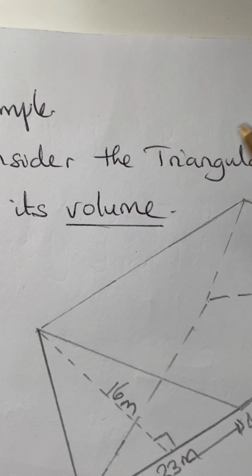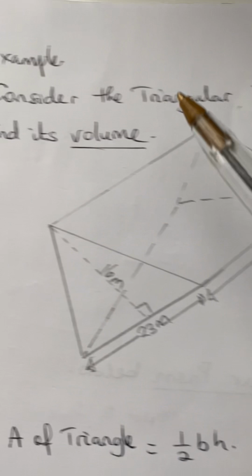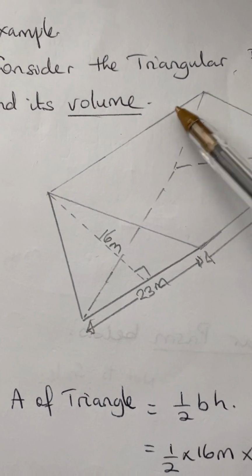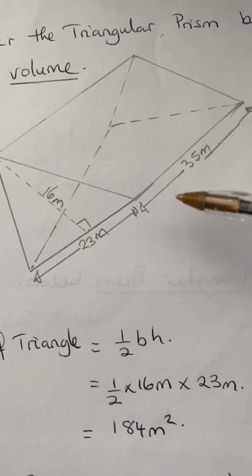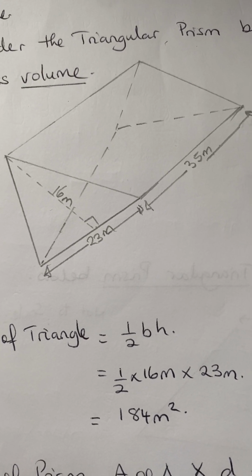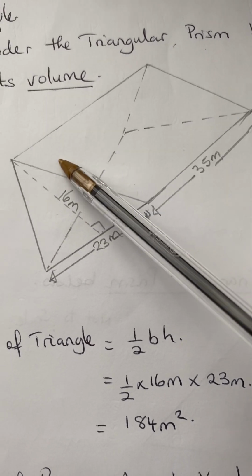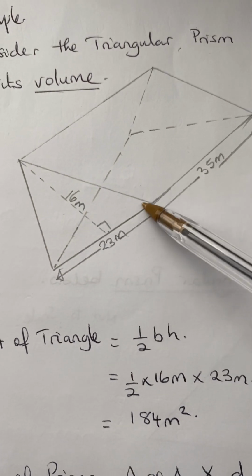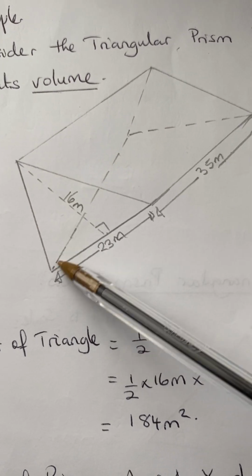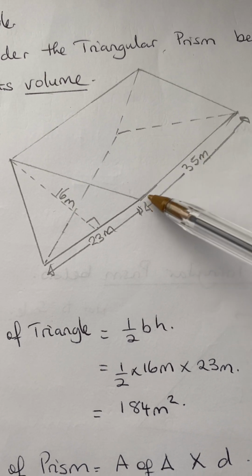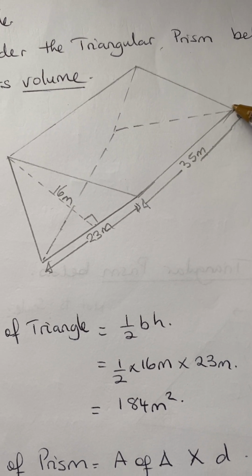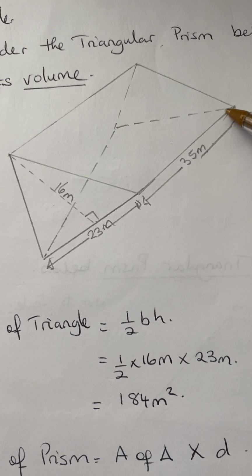Now let's look at another example. Consider the triangular prism below. Find its volume. Again, this is straightforward. We need to find the area of the triangle and then multiply by this length here, how long the prism is.